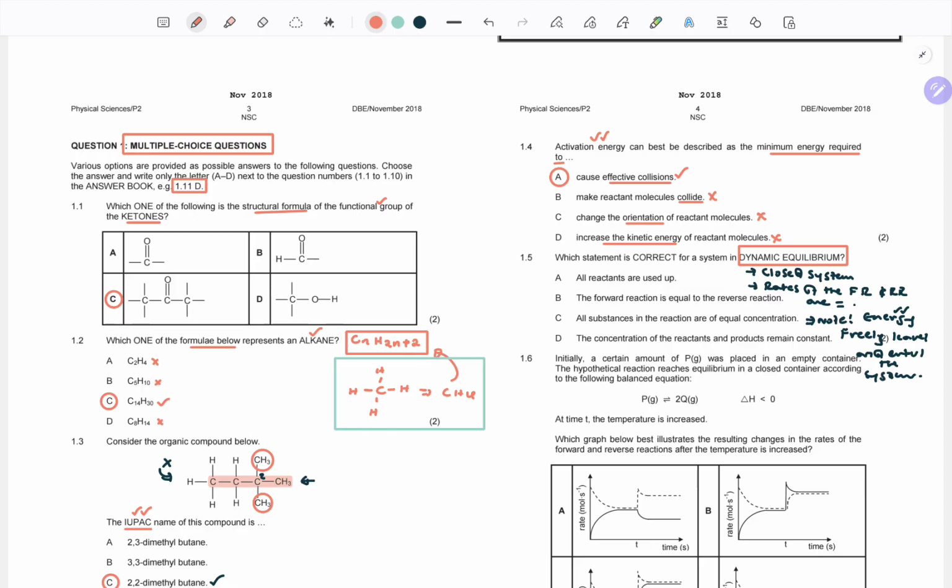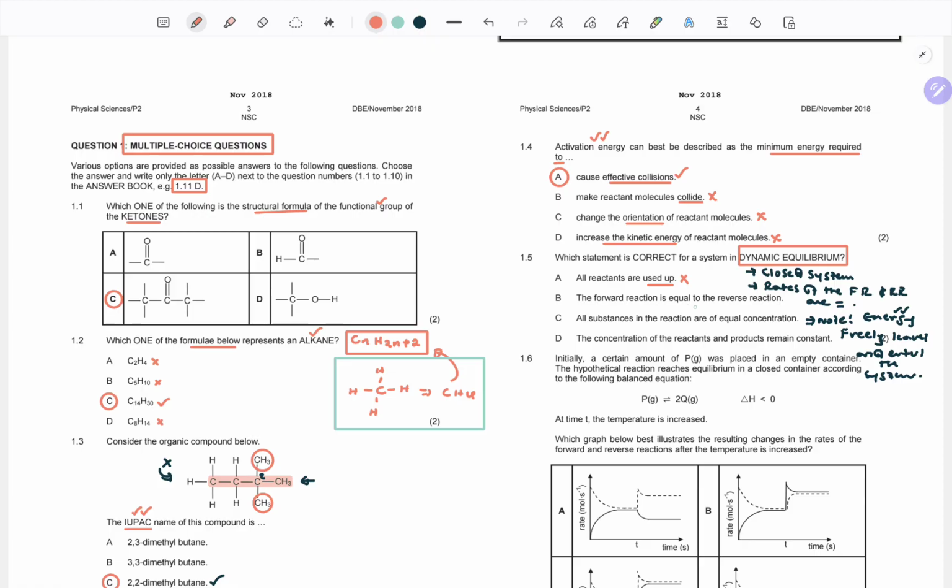Great. Now, let's have a look at what are the options now. We want the correct answer. We are told here that all reactants are used up. They never get used up because the forward and the reverse reactions are still occurring, and that means we are forming reactants as well as products, so nothing gets used up.